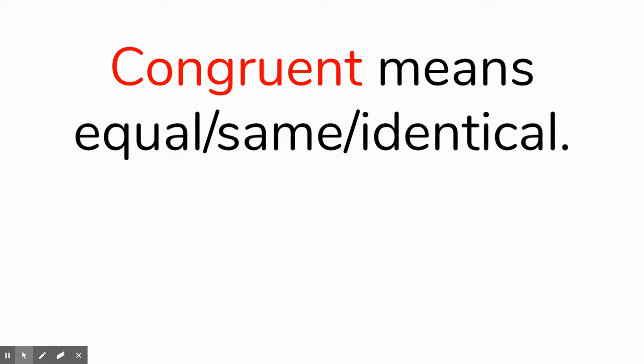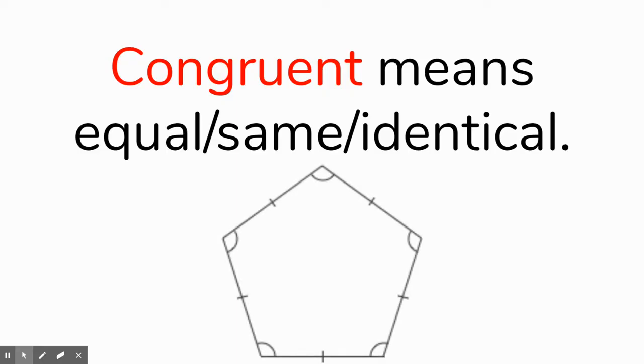And now I'm throwing congruent at you. And congruent means equal, same, identical. So if you look at this pentagon here on the screen, this is an example of congruent. All the sides of the pentagon are equal. And if you see those little dash marks going through each line, let me show that to you real quick.